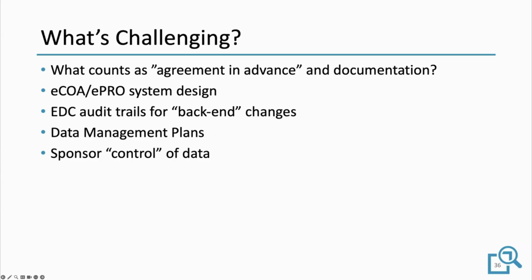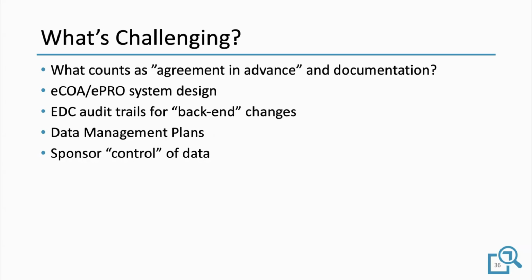Another thing I want to point out is regarding back-end changes. When a data management group is making changes on the back end, either via the data capture system or in the underlying data set, we need to think about how these changes are being represented in the audit trail.